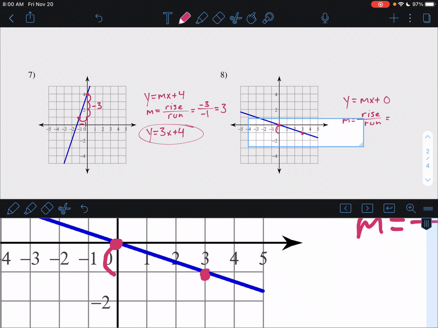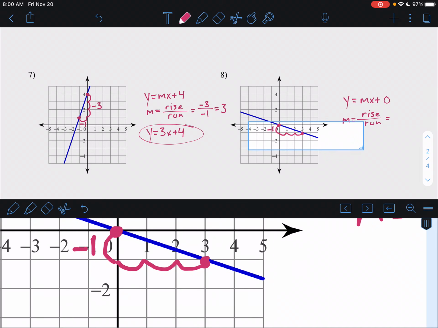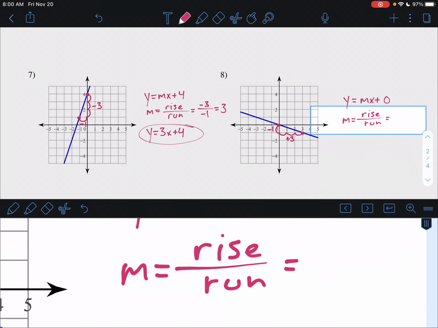So my rise, I went down 1. So I had a rise of -1. And my run is 1, 2, 3 to the right. So since it's going to the right, it is +3. So my rise here was -1.